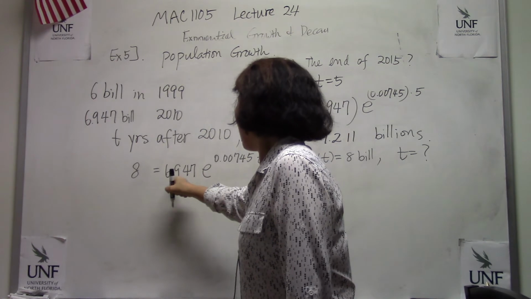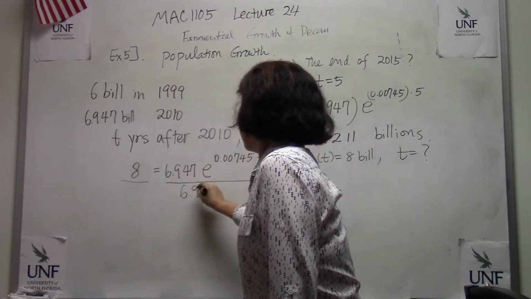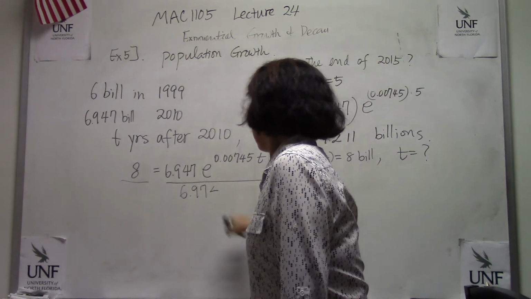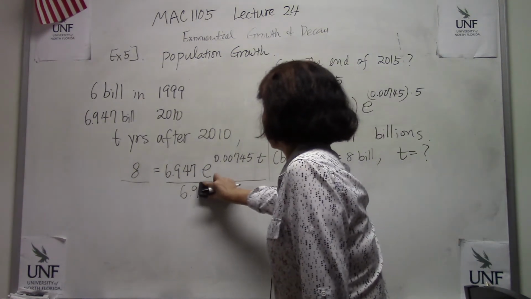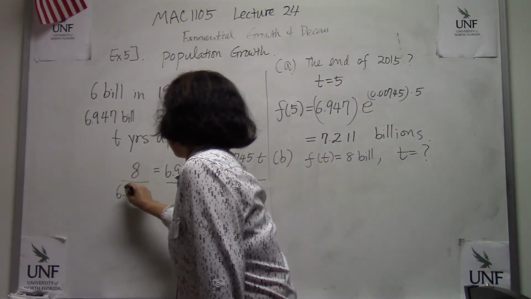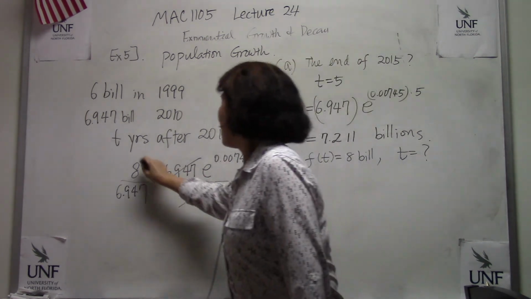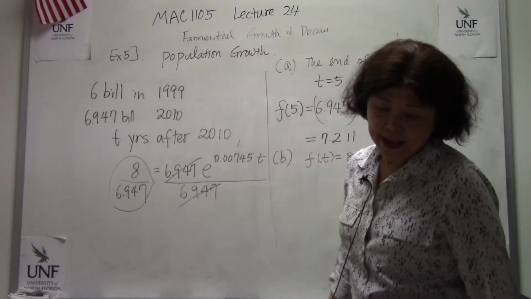Whether that is complicated or not, you are going to divide both sides by 6.947. So what is 8 divided by this?